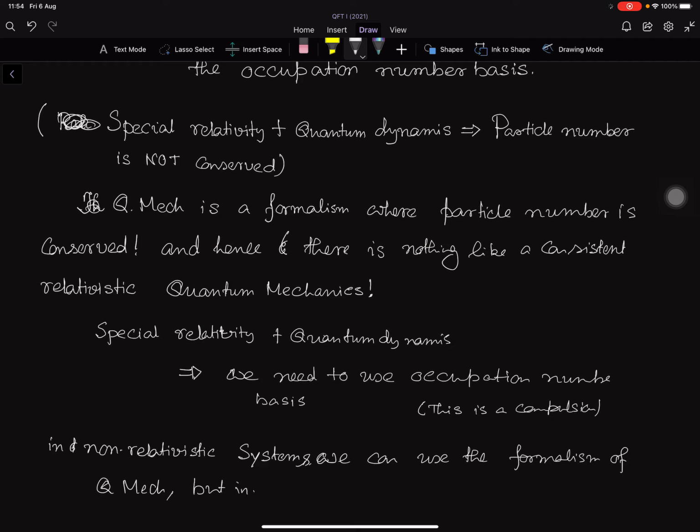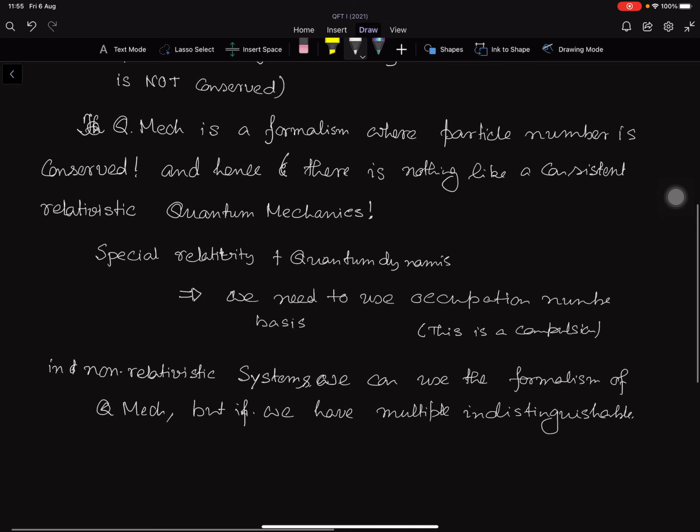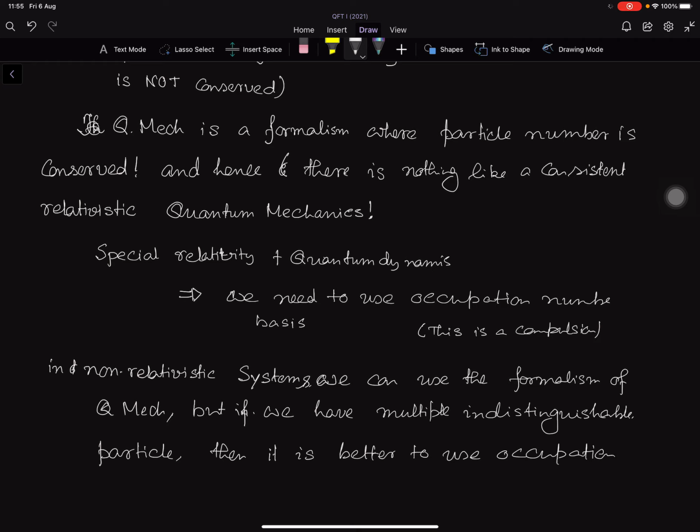But if we have multiple indistinguishable particles, then it is better to use occupation number basis because statistics is inbuilt into it.